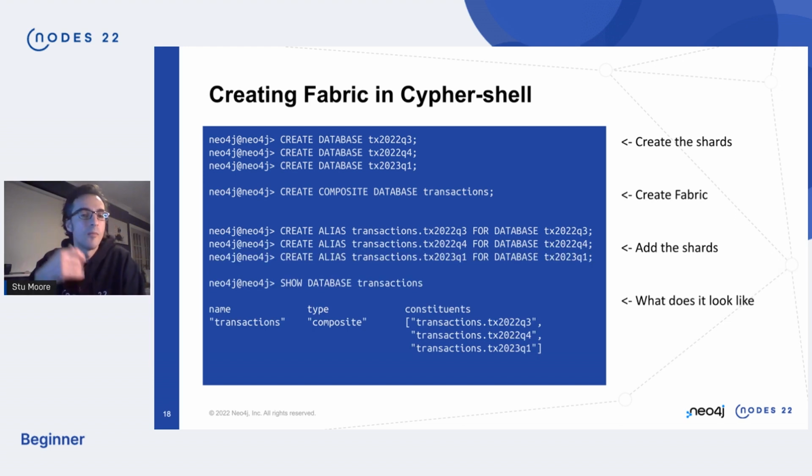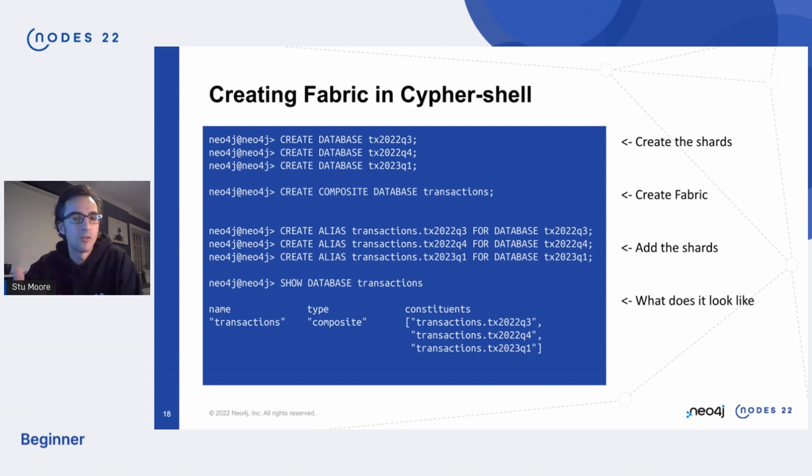Just quickly, I'm not going to go through this in a lot of detail. There's a dedicated session which I'll call out in a minute. But essentially, you're just creating a database for each of the shards. To create a composite database, you just say create composite database transactions. That's the name of the composite database. And then you create aliases which reside inside of the transactions database.